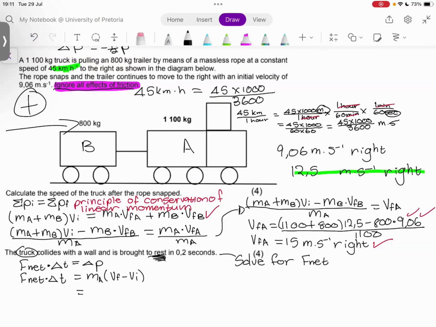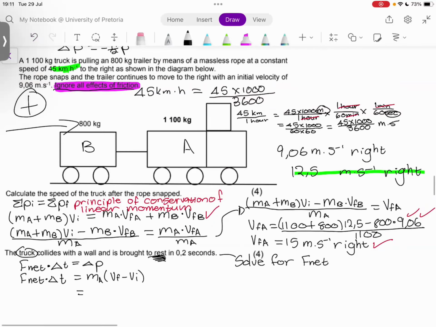All right, cool. Let's substitute in our values. We have F net times 0.2 is equal to, in place of m, I have 1,100. In the brackets, 0 goes in place of VF, whereas for VI, we use the 15 that we found over here.